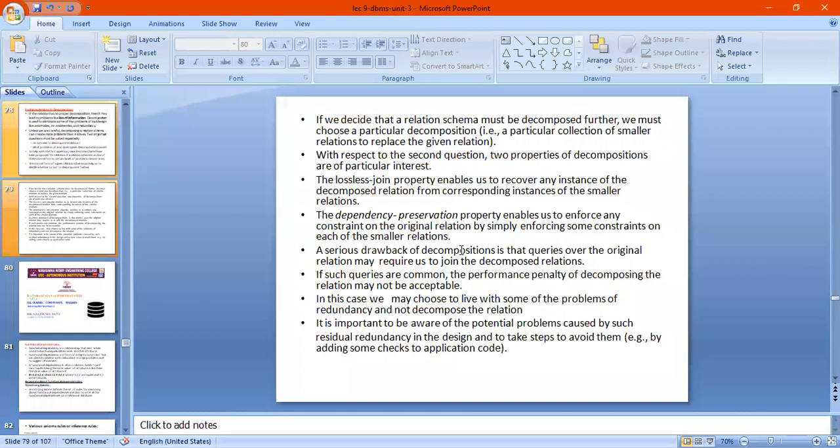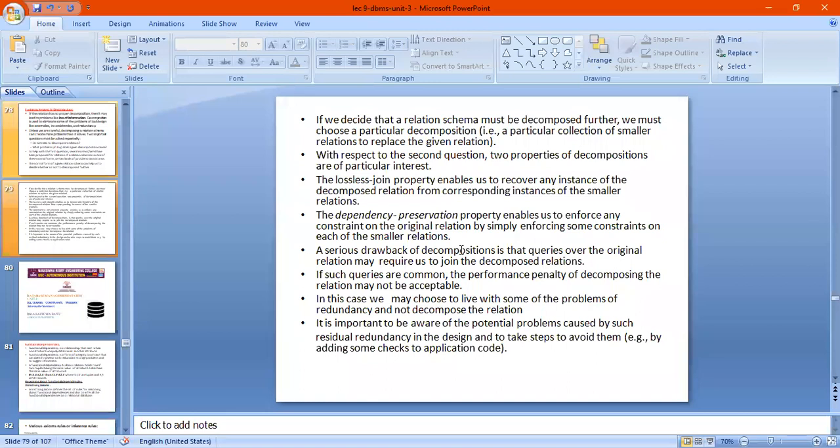A serious drawback of decomposition is that queries over the original relation may require us to join the decomposed relations. If such queries are common, the performance penalty of decomposing the relation may not be acceptable.